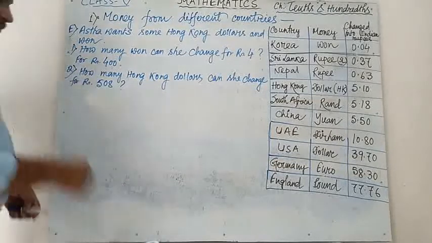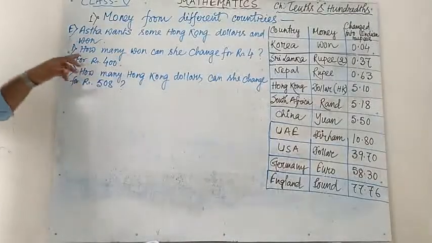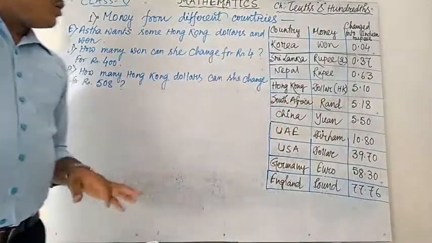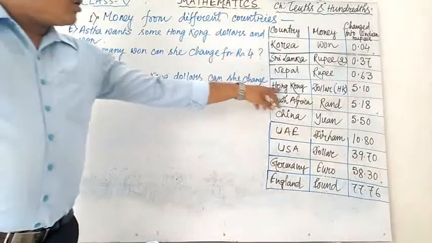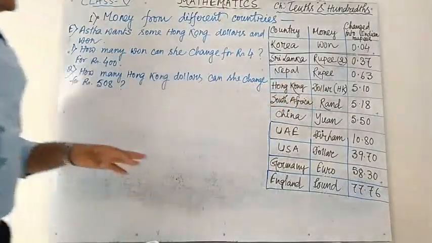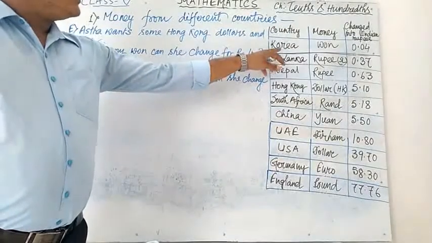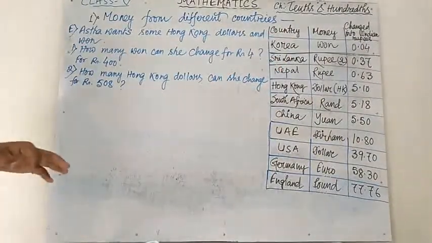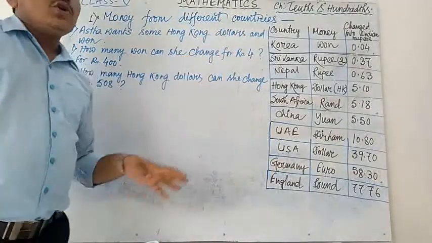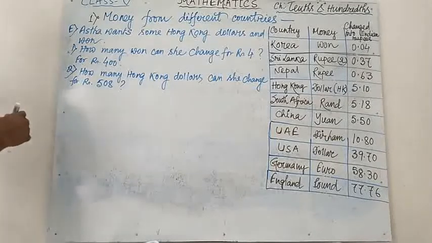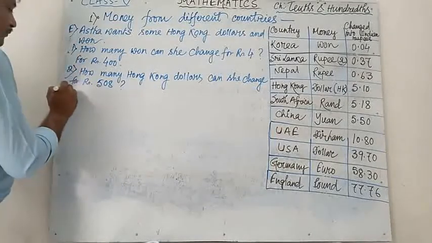So, first of all, how many won can she change for rupees 4? Hong Kong dollar is 5.10 and won, Korea, 1 won means 0.04 rupee.